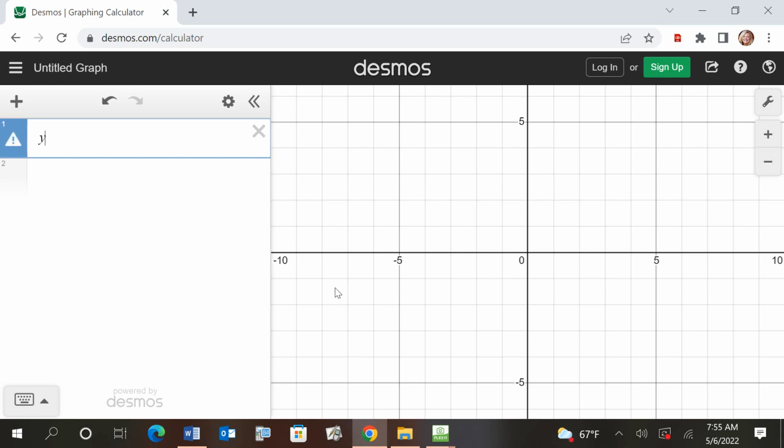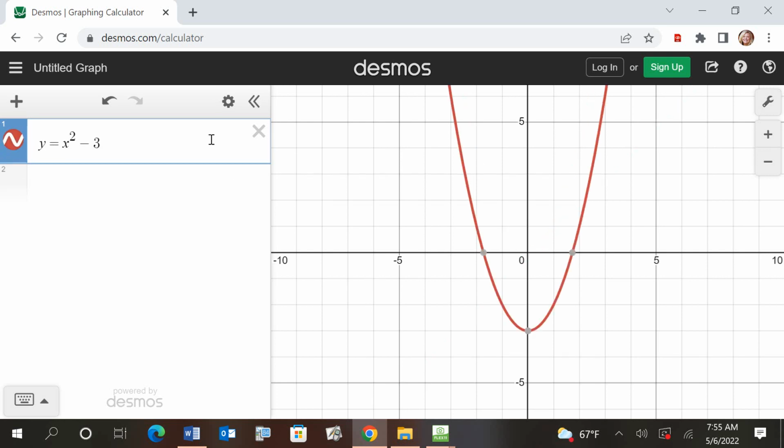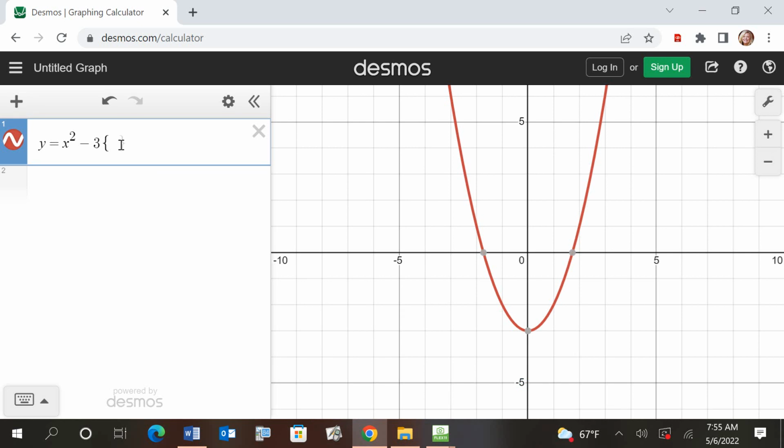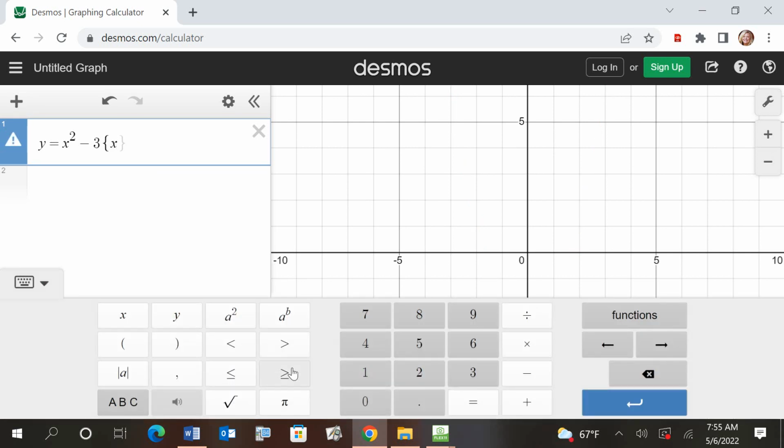So I'm going to come in here and graph this. This is the original function. And it specifically showed I should only do it where x's are greater than or equal to 0. So how do I do that? I'm going to come over here, make these squiggly lines, and I want x's greater than or equal to 0. Okay, so I'm just following exactly the criteria that I was given. This is the original.